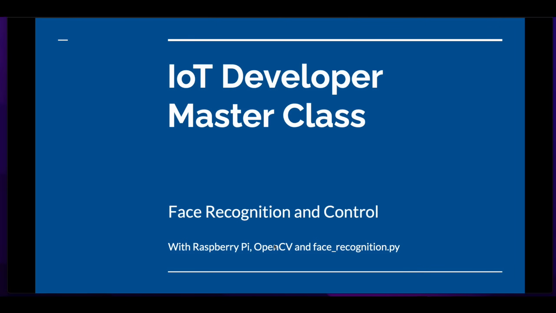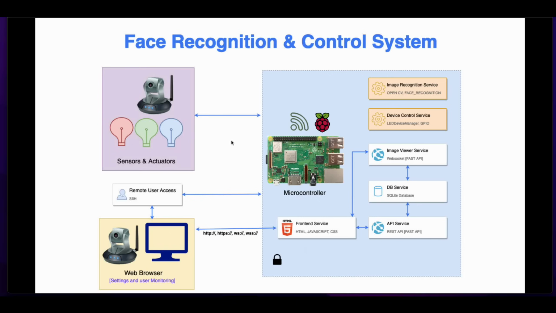Now let's go a little bit into detail on the system and what we will be building. Here we have a Raspberry Pi microcontroller, and our Raspberry Pi here is accessing the camera, right? Constantly accessing sensors and actuators. So the camera is being accessed, and depending on the face that's being recognized, an action will be taken.